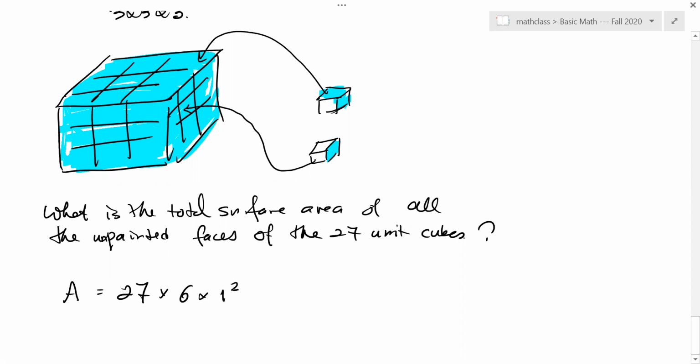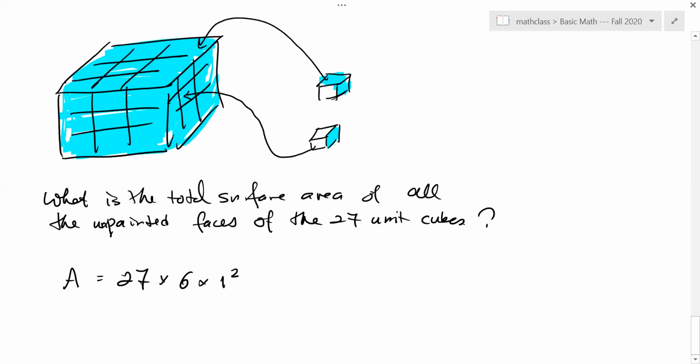So that is the total surface area of all the unit cubes, because you have 27 unit cubes. Now, how can I figure out the total area of the unpainted faces? Well, you just need to subtract the total area of the painted faces.